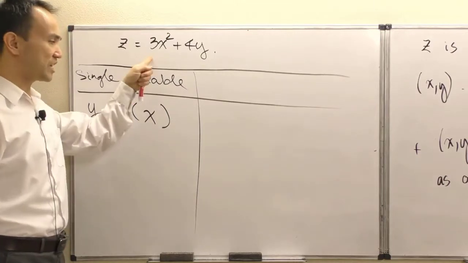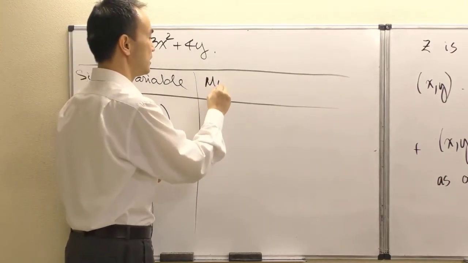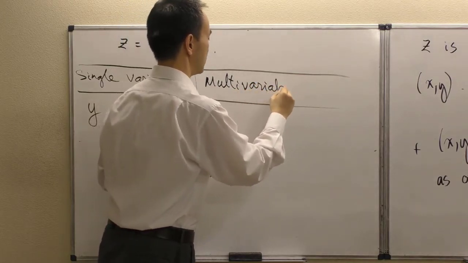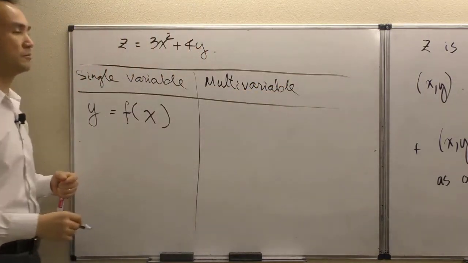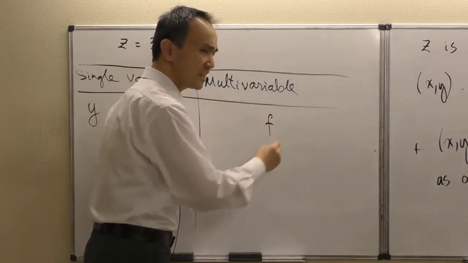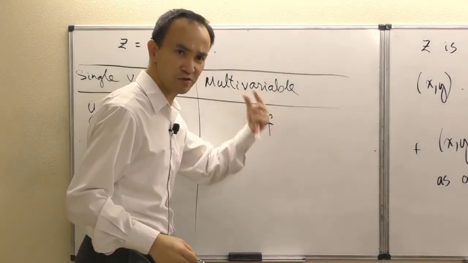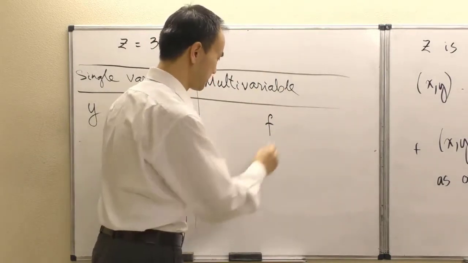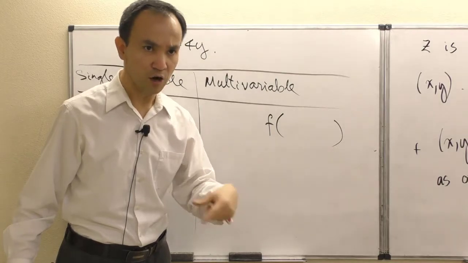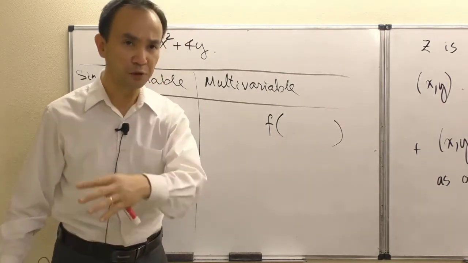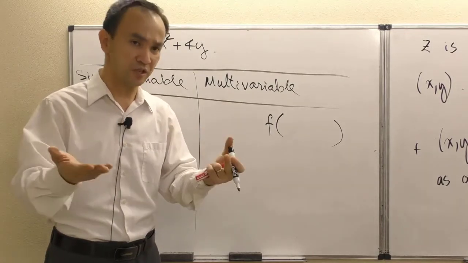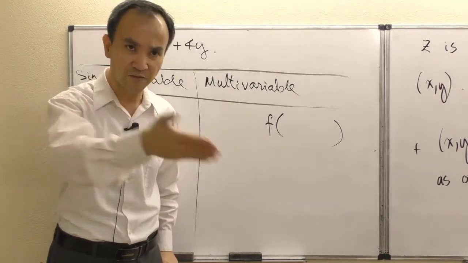But now our Z here, in the new form, is multivariable. And so now, yes, you can still name your function f. It doesn't even have to be lowercase f, it can be g or h, just like the old days. But now we want to indicate there's a whole pair of values, or even more than two values, if you're working with more than two variables involved in your function.